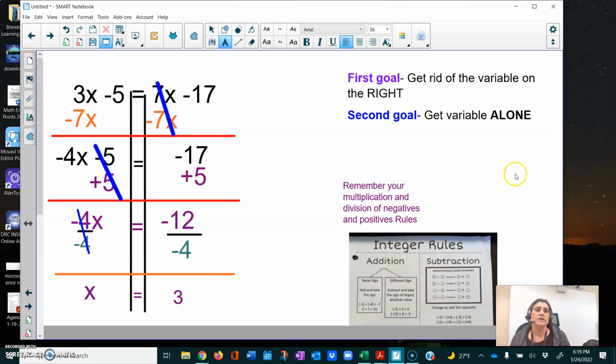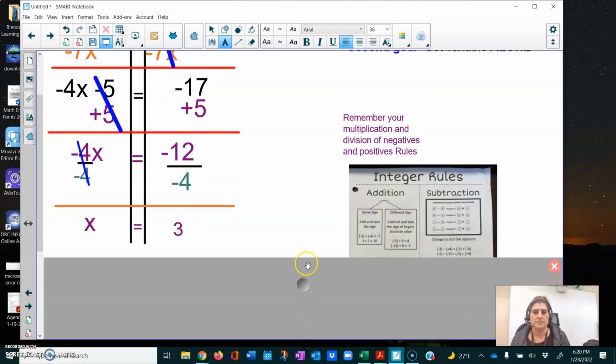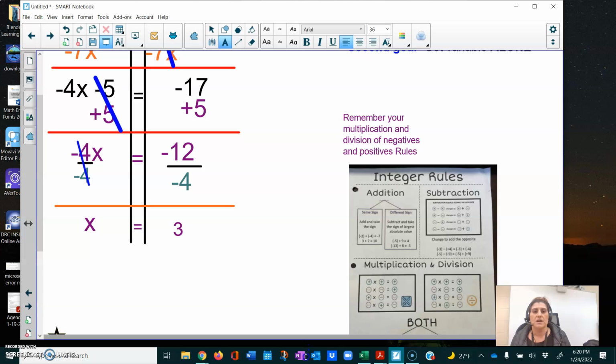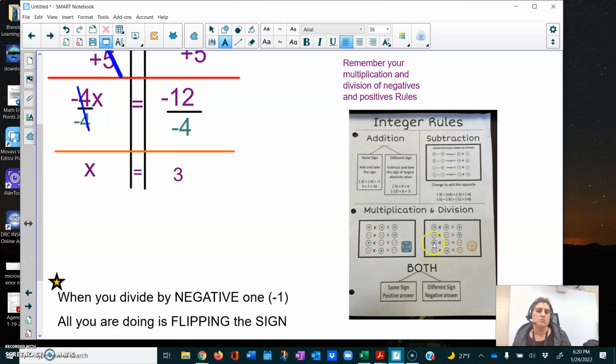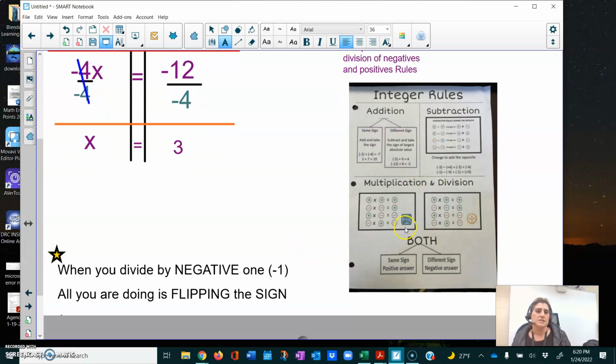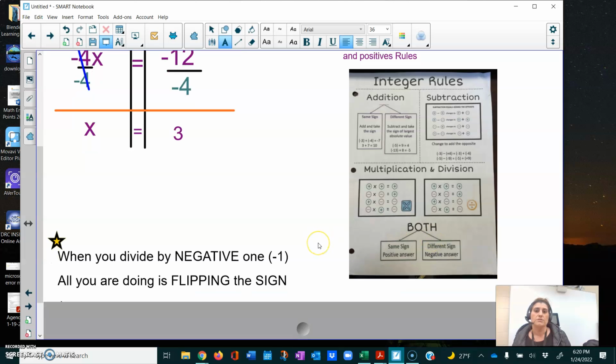Now, over here, we have a couple of reminders for you. I have the integer rules here. The addition and subtraction ones might be helpful to you, but definitely the multiplication and division ones are going to be very helpful. This is also on an anchor chart in the classroom that Mr. Delastrato made, so you have this information available, but here it is again for you to utilize as you need it.